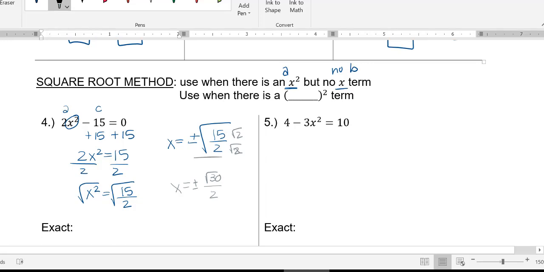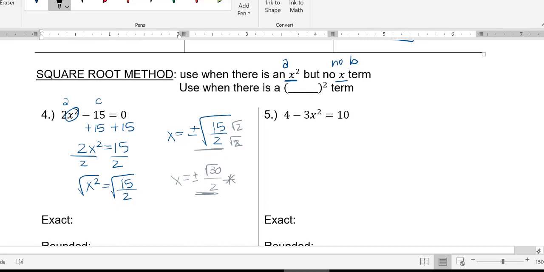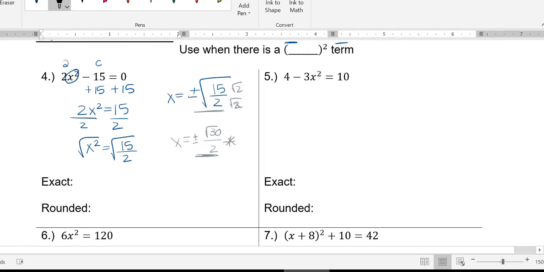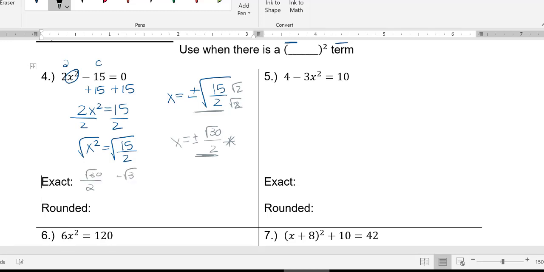This is the same as that, it's just written differently. This is technically the most simplified form. So our exact answers are root 30 over 2 and negative root 30 over 2. Rounded value, plug that into your calculator, you get 2.74 and negative 2.74.